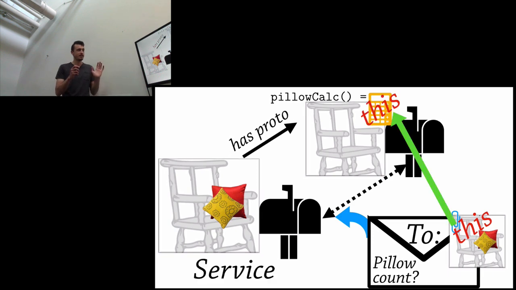It uses the object whose pillows we want, and makes sure to count the correct number of pillows by using the correct object. So we're calculating this's number of pillows.